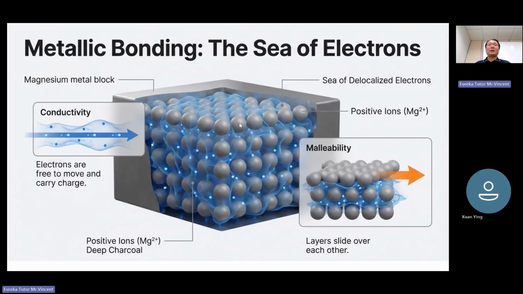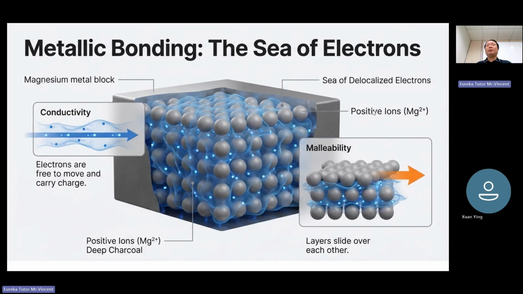Okay, now we go to the next one. Metallic bonding, the sea of electrons. Imagine this is a structure. Let's say this is the magnesium atom. Electrons are free to move and carry charge through the structure. Imagine the blue color is like the sea, a sea of delocalised electrons, meaning the electrons are free to move around.